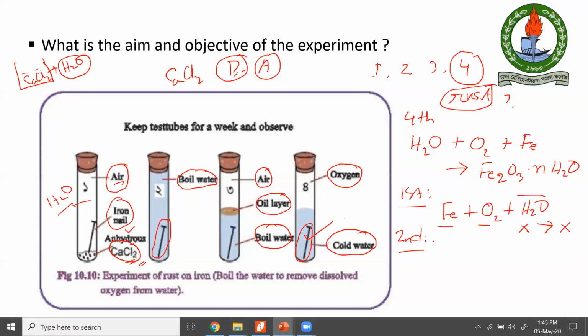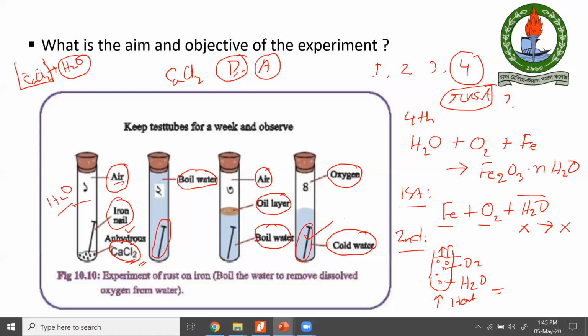In the second test tube, we have boiling water and an iron nail. In the test tube, water is present and some oxygen will be present here. When we apply heat and boil the water, the oxygen molecules come out from the water.